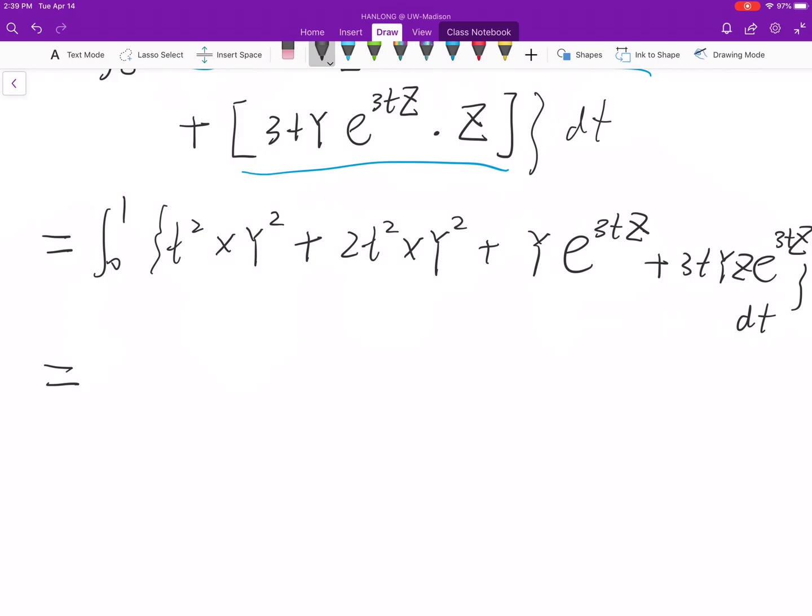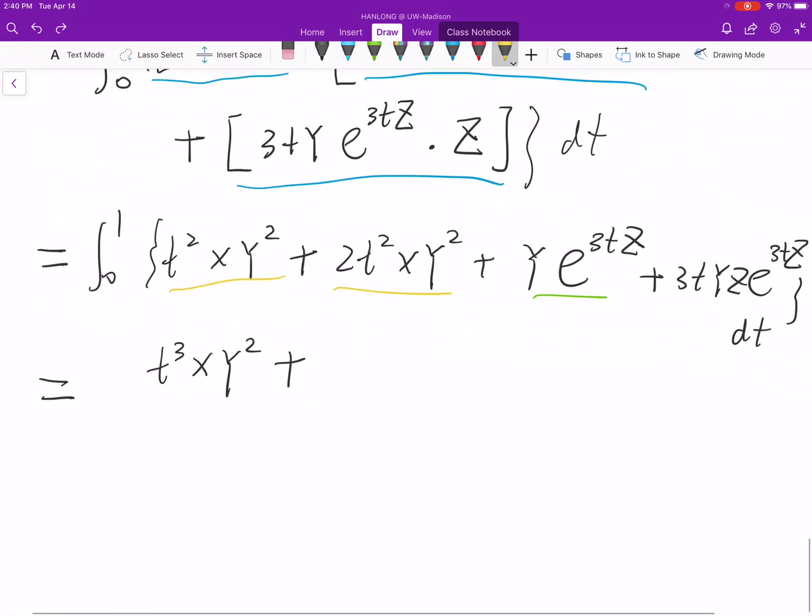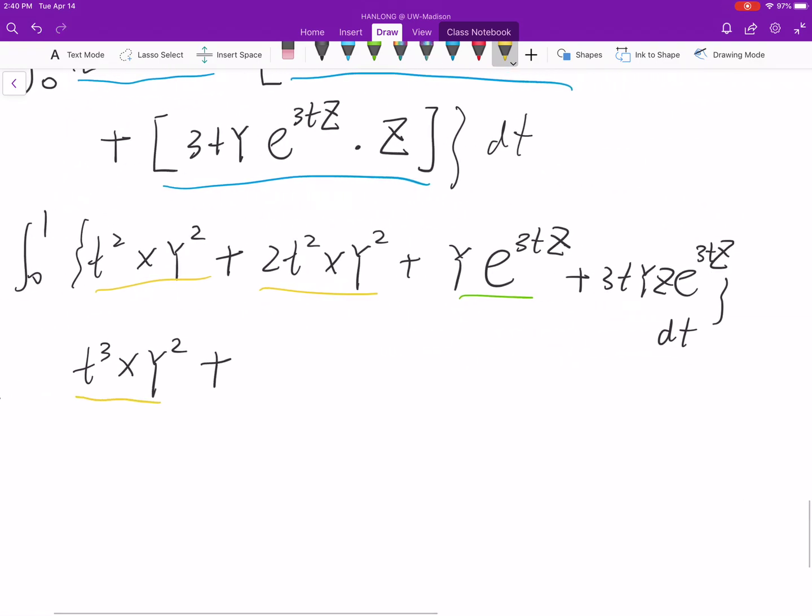Okay, these two are the same, so you can combine them. So you have t cubed XY squared, and then plus, for this one, Y e^(3tZ) over 3Z.